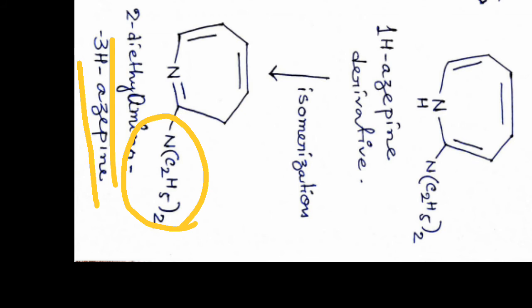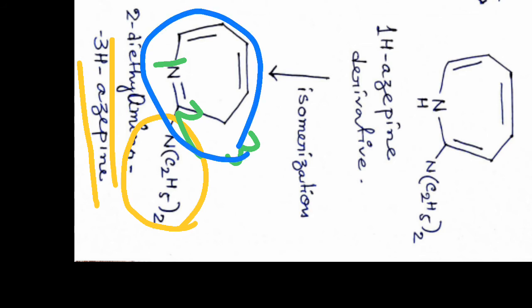Now this is the last step of this reaction, that is whenever the azepine derivative goes for the isomerization reaction, they form the diethylamino 3H azepine. Diethylamino group is present at position 2, as you can see.